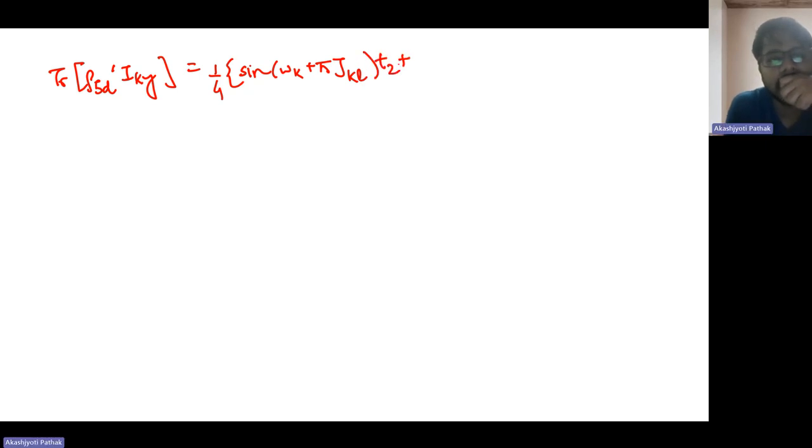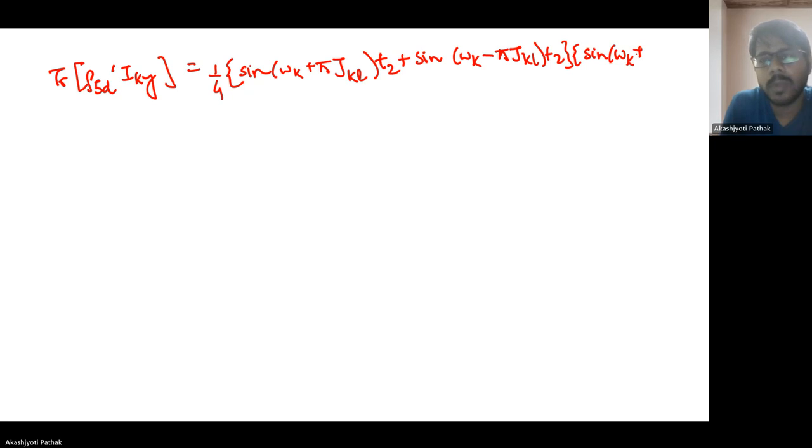So you solve this and then finally what equation you will get is what I'm writing here. Omega k minus pi j k l T2 sine omega k plus j k l, and then here there will be one T1 and then plus sine omega k minus pi j k l.